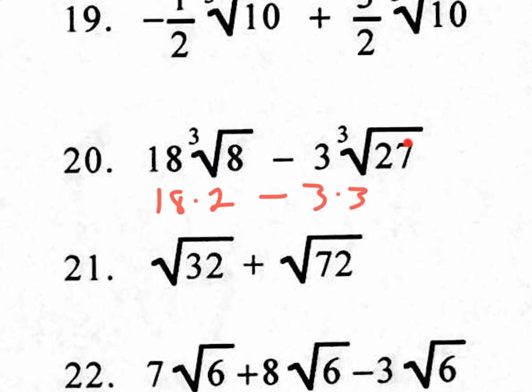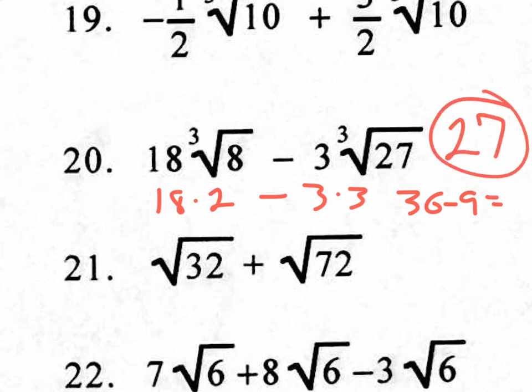Why 3? Because 3 times 3 times 3 gives you 27. That's the 3rd root of 27. So we're really going to have 36 minus 9. So our final answer is 27. There we go, 27 for number 20.